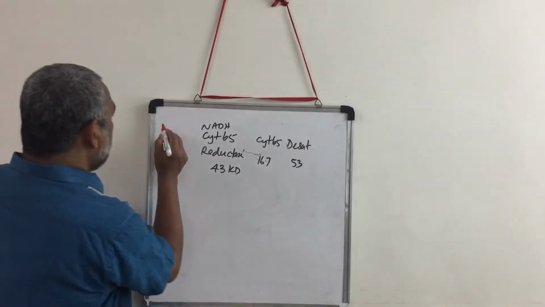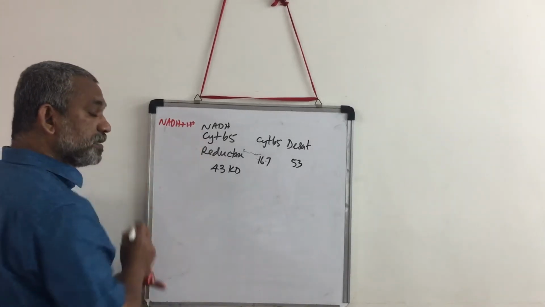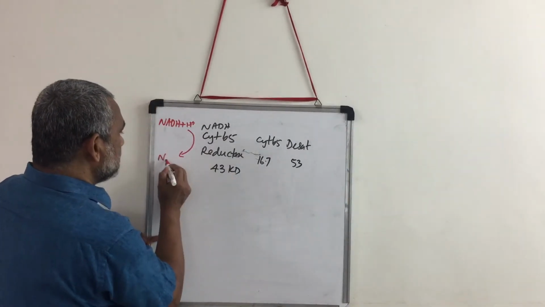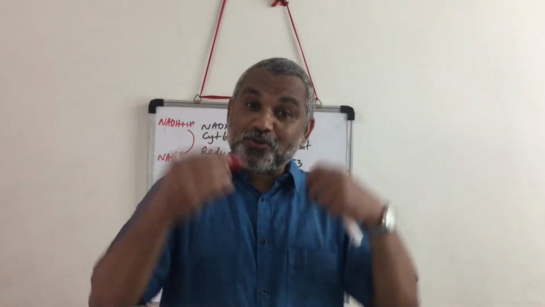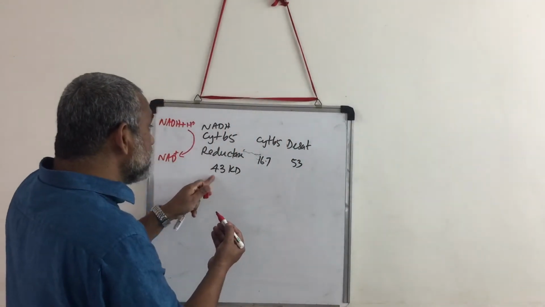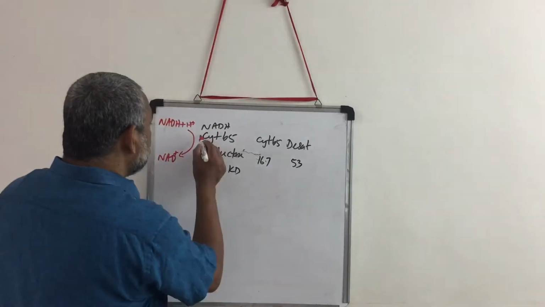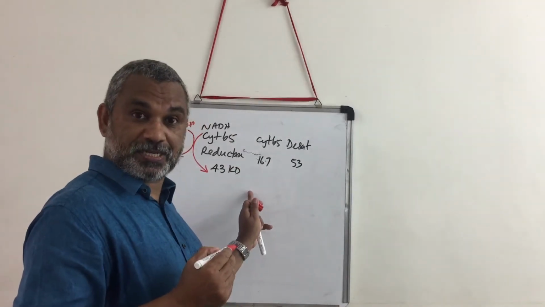It begins with NADH plus H plus, which gets oxidized to NAD plus. What happens to the 2 hydrogens? The 2 hydrogens are transferred to this particular enzyme, cytochrome B5 reductase. So this enzyme gets reduced.